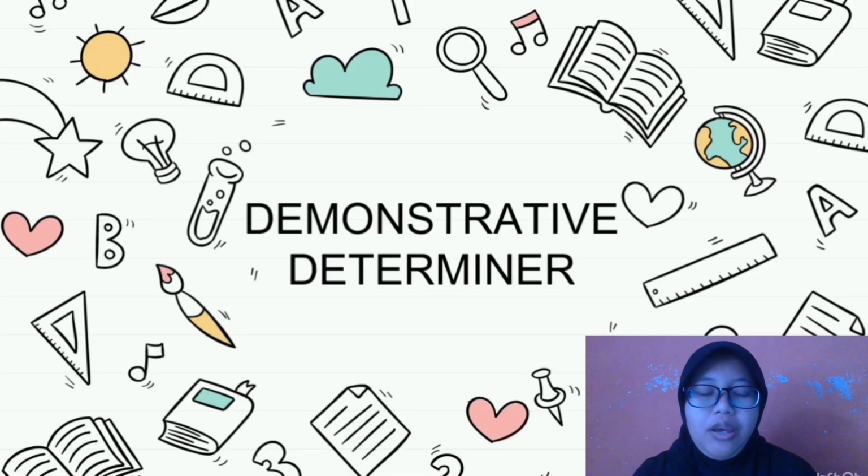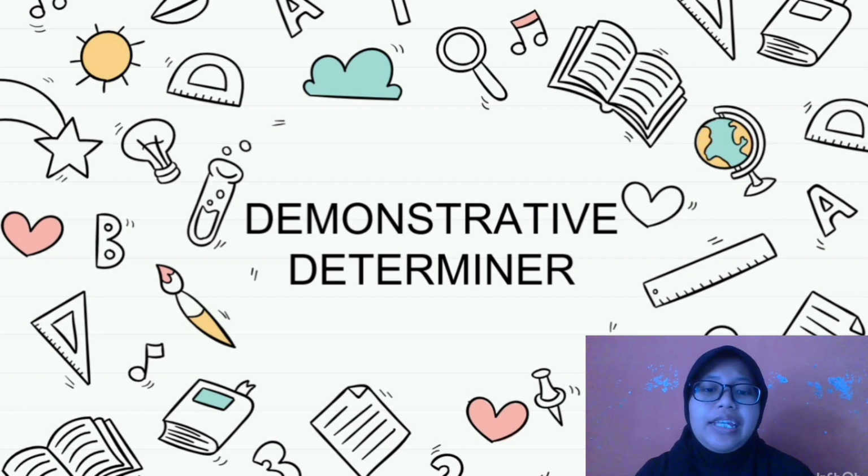Okay, firstly, that, this, those, and these are classified as demonstrative determiners. But what is a demonstrative determiner? The meaning of the word demonstrative itself, according to the Merriam-Webster dictionary, refers to words pointing out the one referred to and distinguishing it from others of the same class.